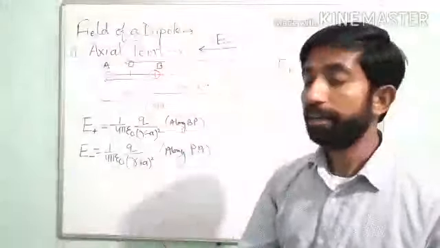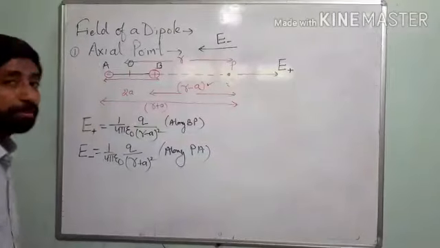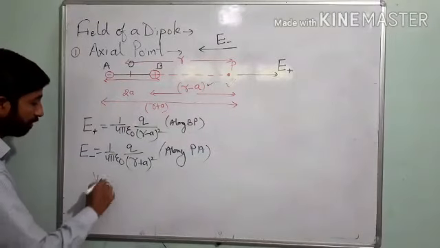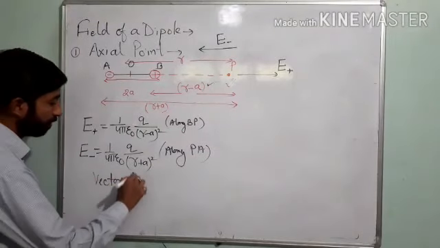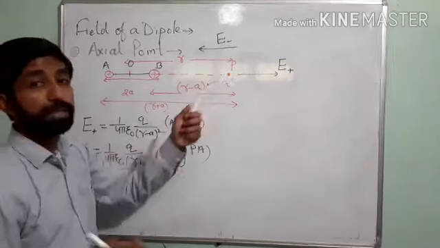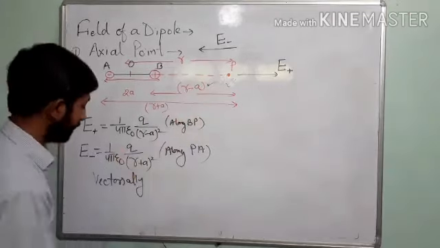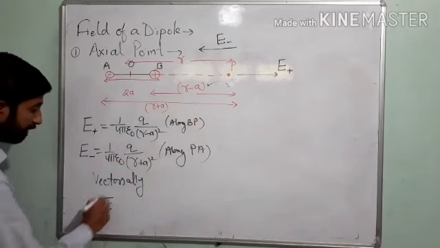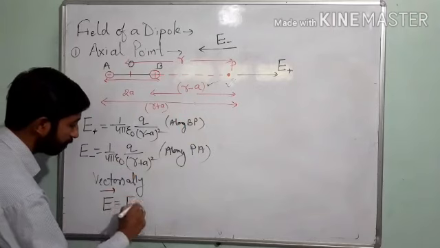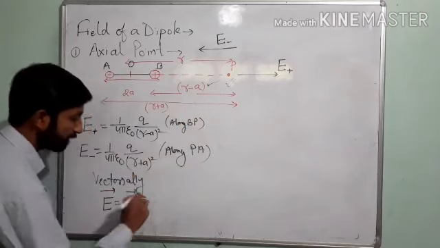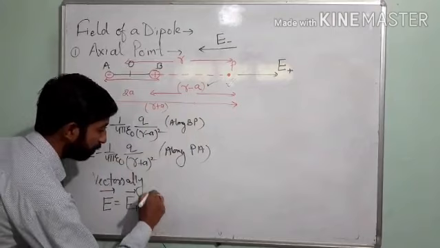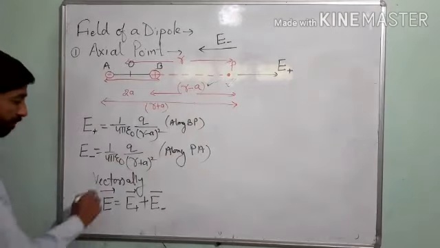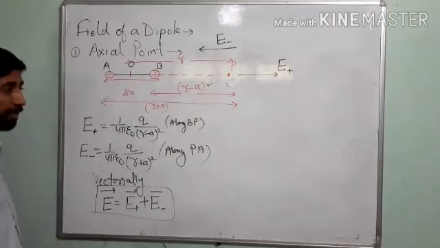But what if I do write the vector equation? Vectorially the net field will be the vector sum of the two fields, that is E, the net field, is equal to E plus plus E minus, right? This is the vector equation.